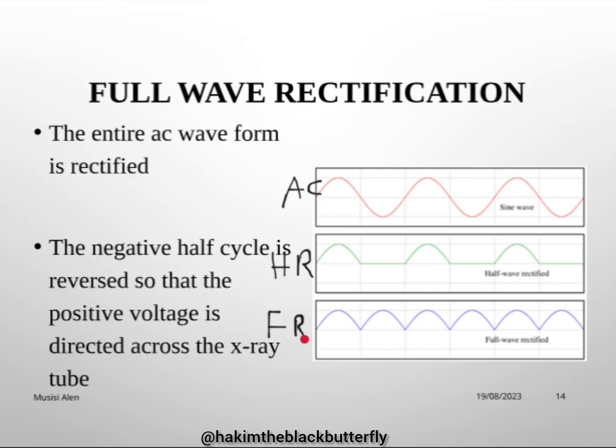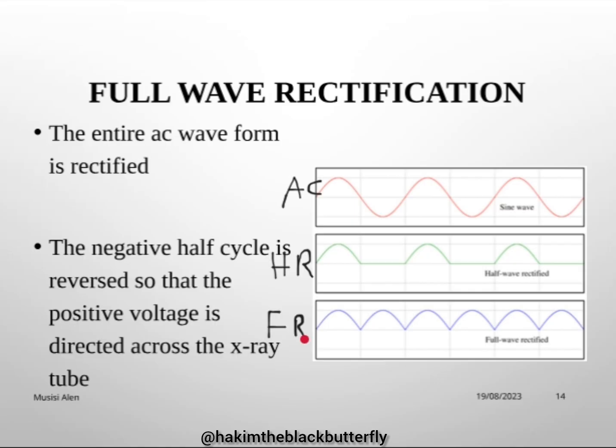You see, in full wave, the negative cycles of the voltage were converted to positive. Instead of removing them from the system, they were actually converted to become positive. So here, we are not wasting power. We are utilizing both cycles.